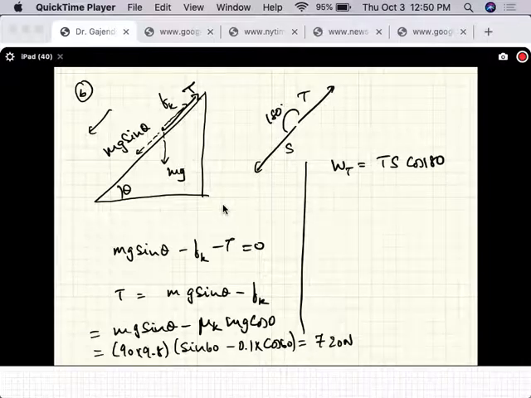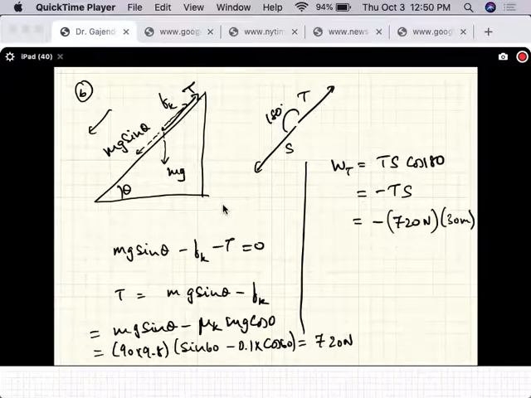Okay, so the tension is 720 newtons, so this is minus TS, minus 720 times 30 meters.